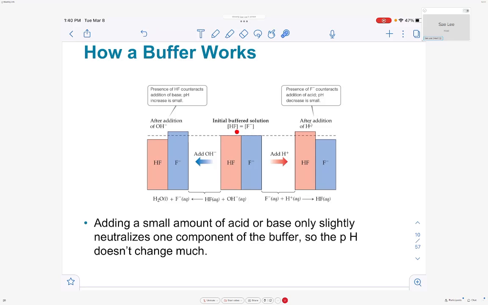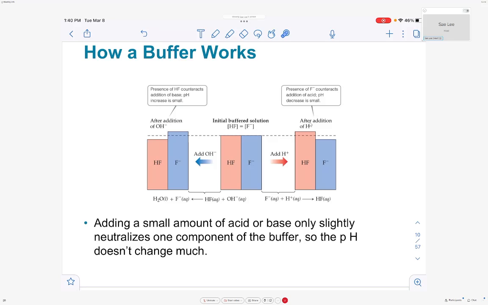If you add any substance with hydroxide into this buffer mixture, the acid component will step up to react with this added hydroxide, which will slightly decrease the concentration of the hydrofluoric acid, because it had to fight with this added hydroxide ion.